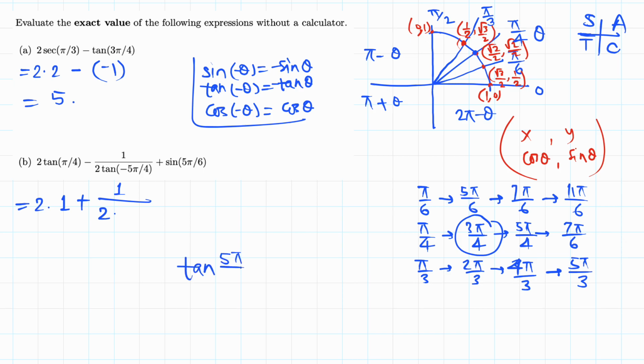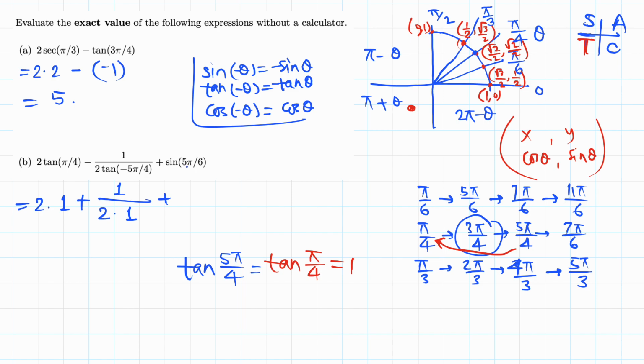This angle is related to pi over 4 again, and it's in the third quadrant. In the third quadrant, tangent is positive. That means tangent pi over 4 is also positive, and that's 1. So this value is simply 1.